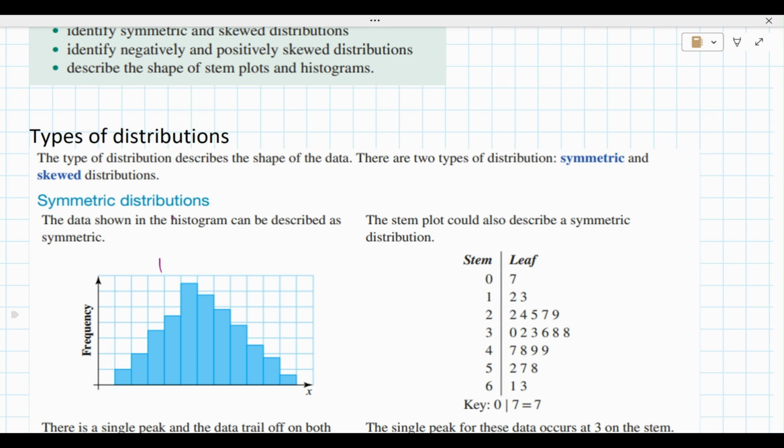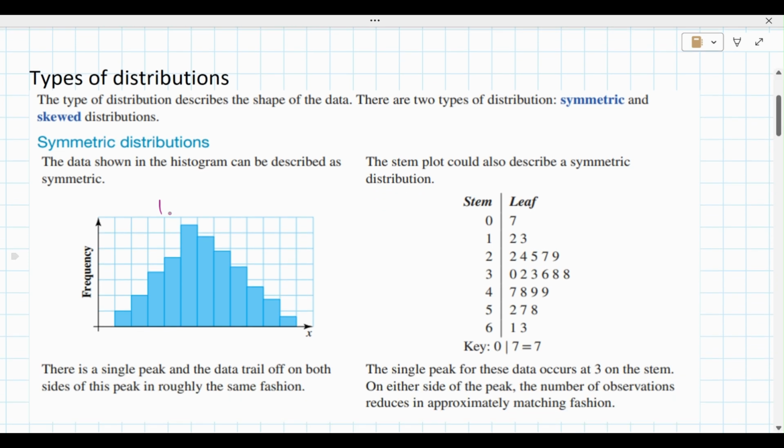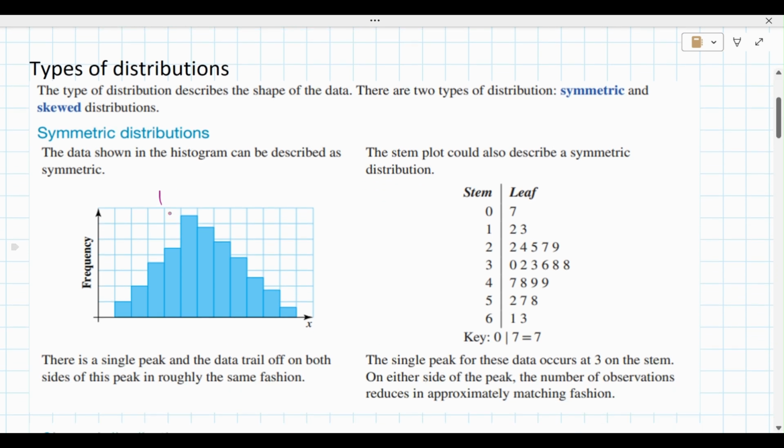So we do symmetric, skewed score and the difference. For a symmetric distribution, the histogram looks like a little mountain, and for the stem plot it looks like this as well.